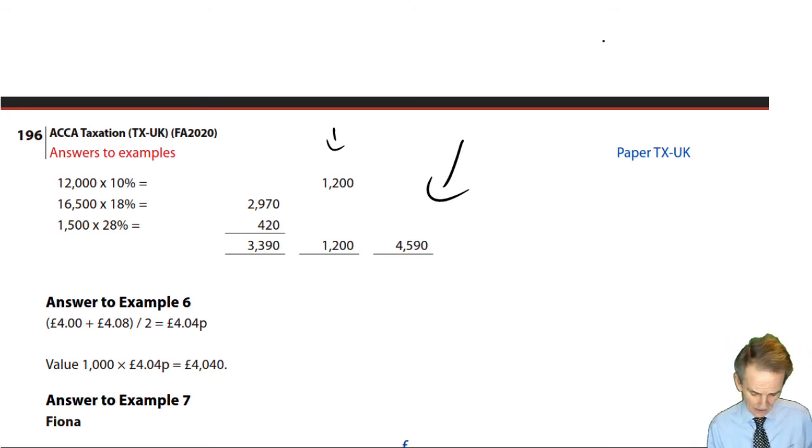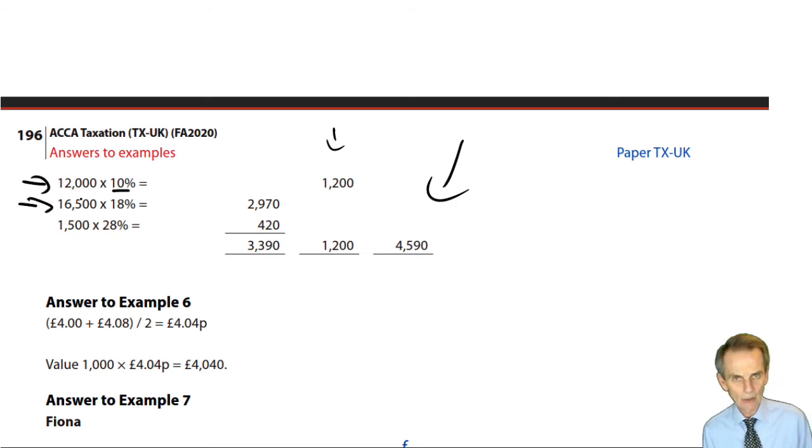If we did it the other way, there was the diamond ring. It was 12,000, comfortably within the basic rate band, so taxed at 10%. We then had £16,500 of basic rate band remaining, and this is now devoted to the residential property.